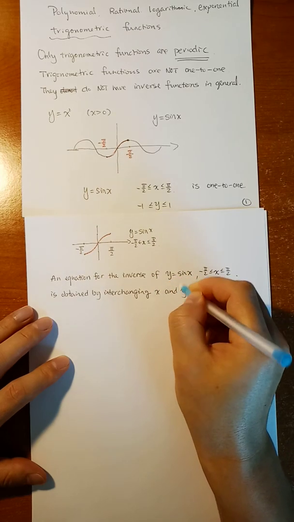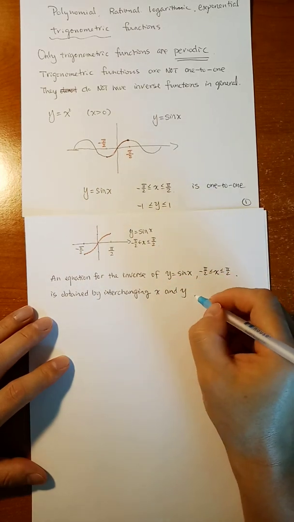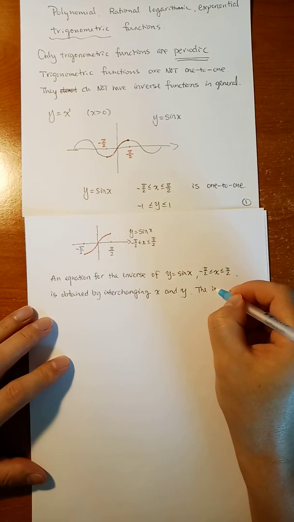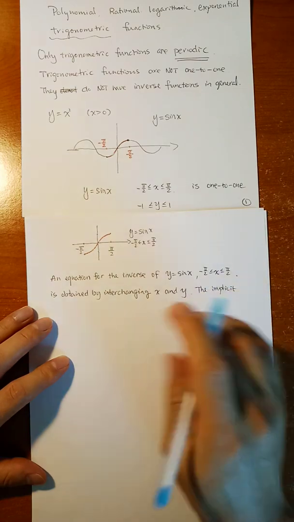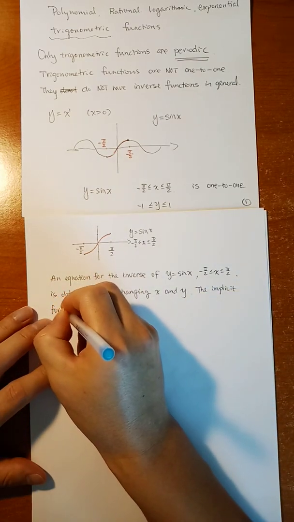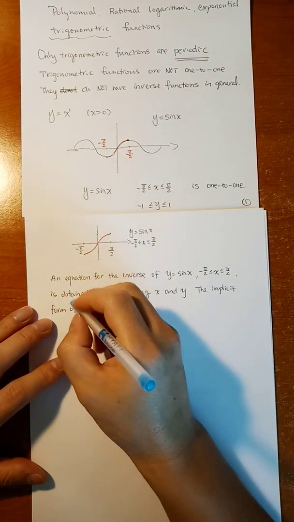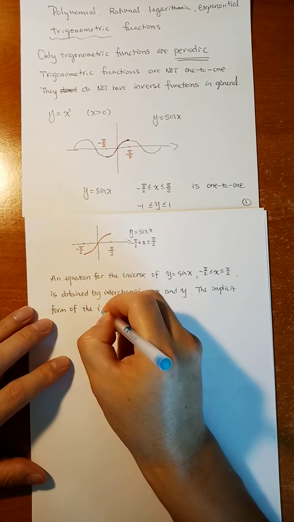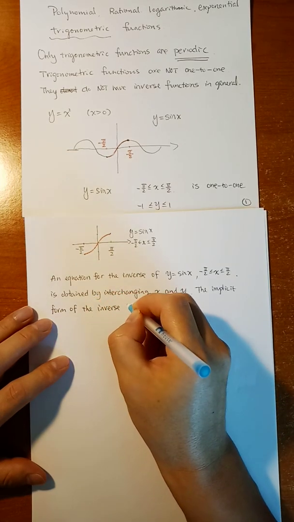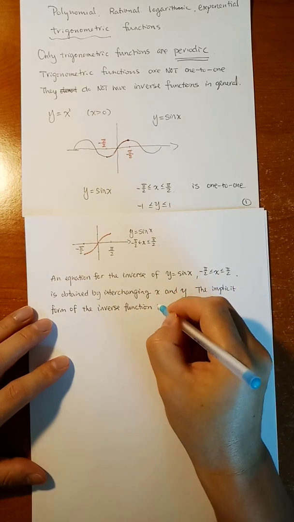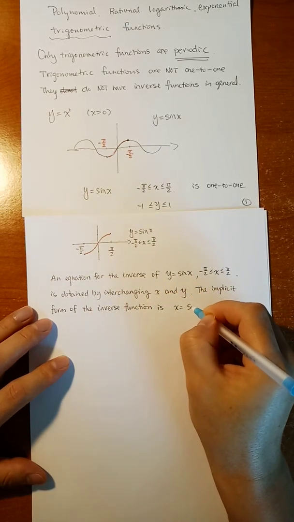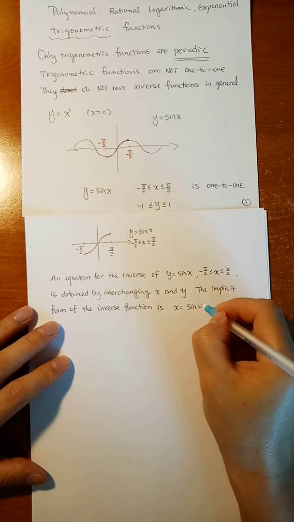The implicit form of the inverse function is x equals sine y.